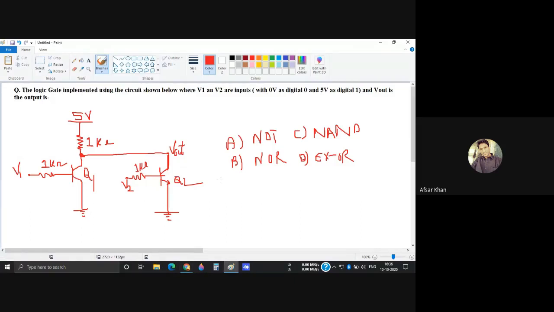See, we have to simply apply network theorems here. A simple network concept is there. So let's check: if V1 and V2 both are 0, it means 0 volt.